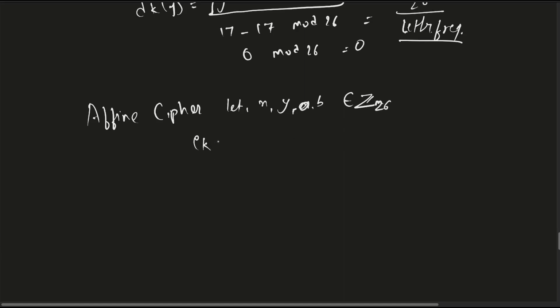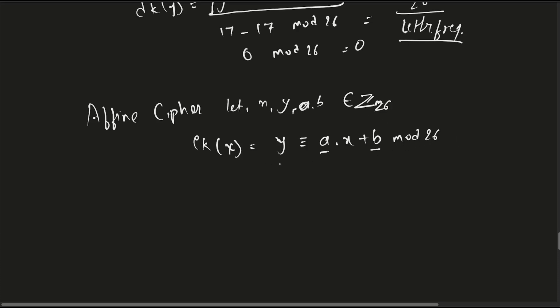So the encryption formula for this would be, in other words, encryption of x basically means we are outputting y. So y is going to be equal to my a, which is part of the ring, times my x, my input, plus b mod 26. This is encryption where a and b and also x are part of this ring.